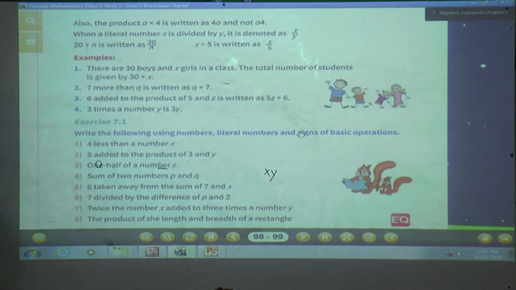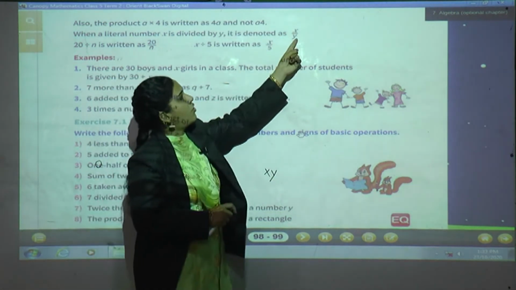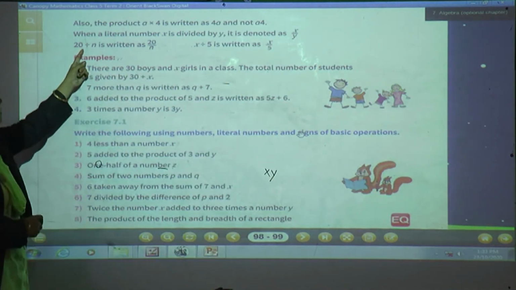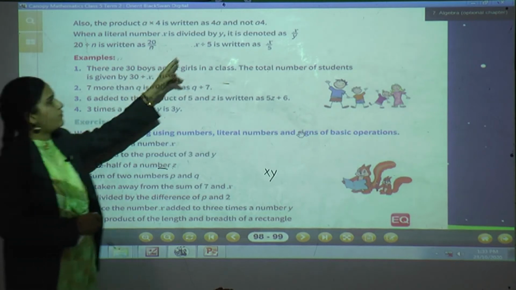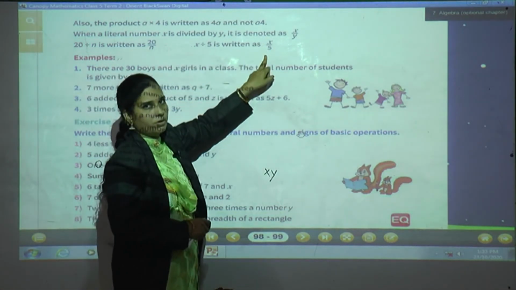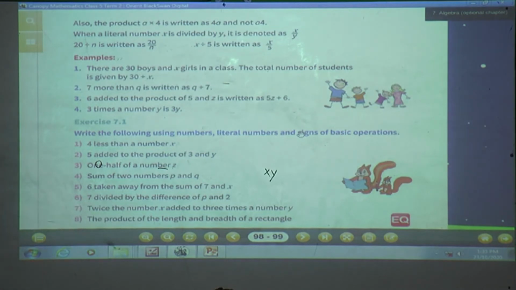Now when a literal number x is divided by y, it is denoted as x upon y. Here 20 divided by 9 is written as 20 upon 9. Again x divided by 5 is written as x upon 5. So these are the rules of addition, subtraction, multiplication and division in algebra.